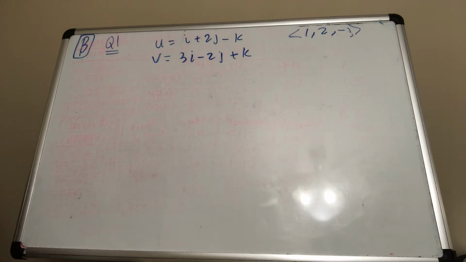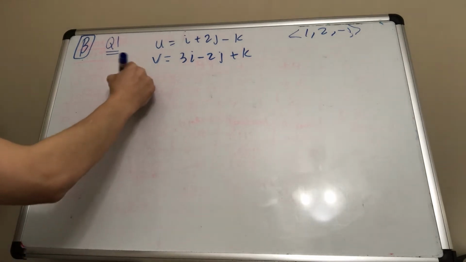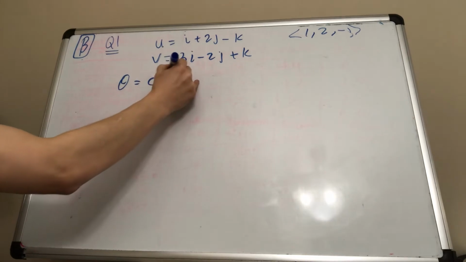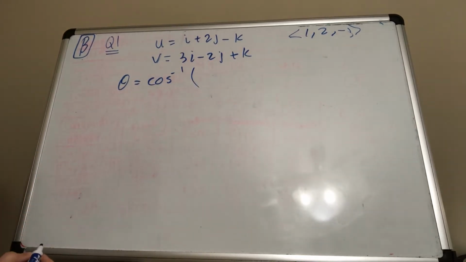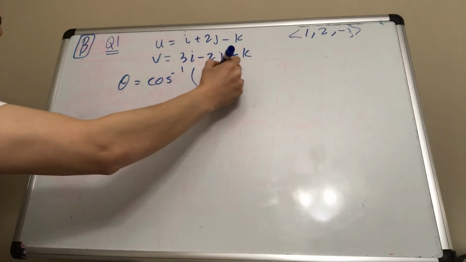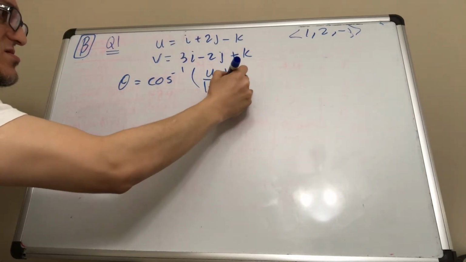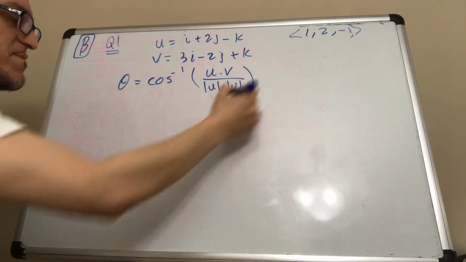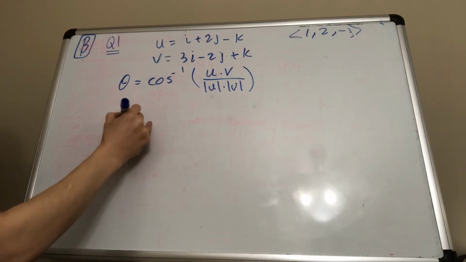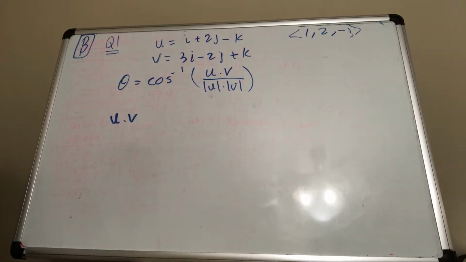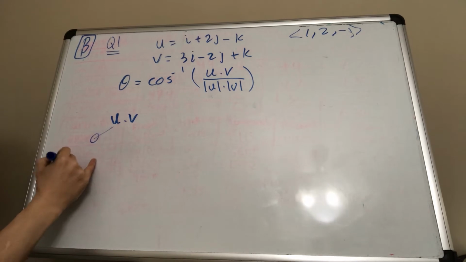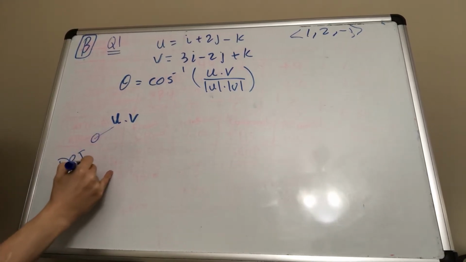Now the rule for the angle is theta equals cosine inverse of u dot v over magnitude u times magnitude v. What is u times v? This is called the dot product.